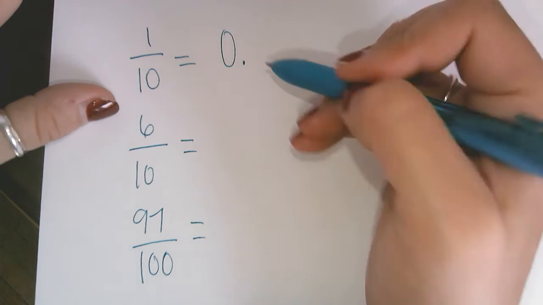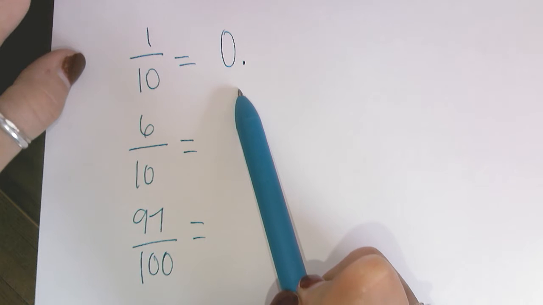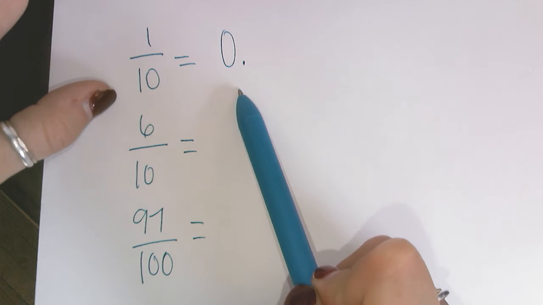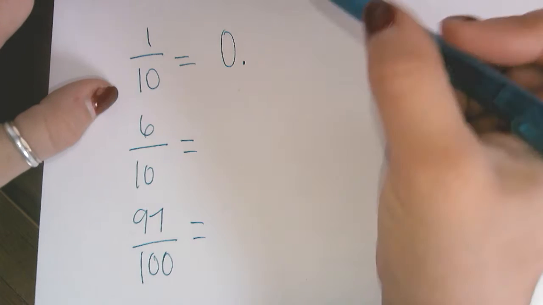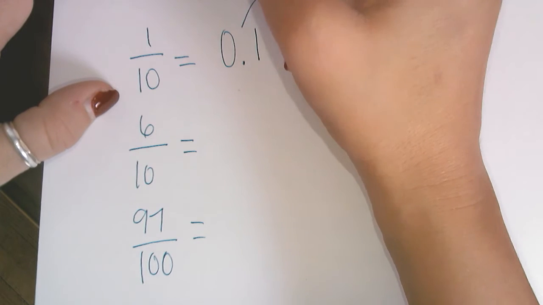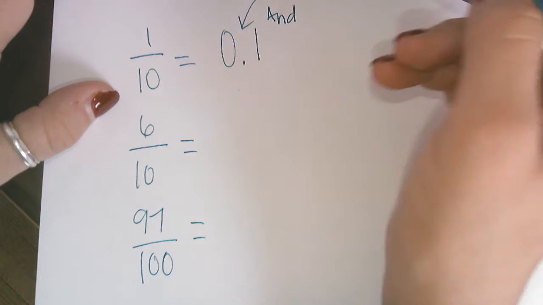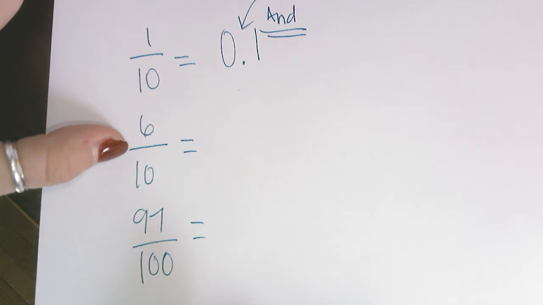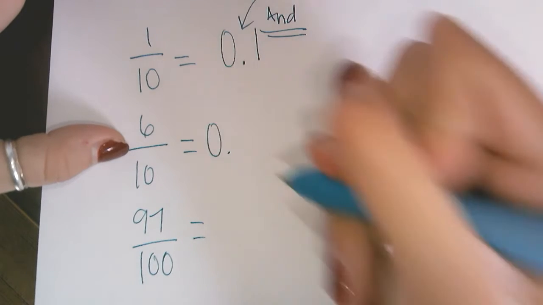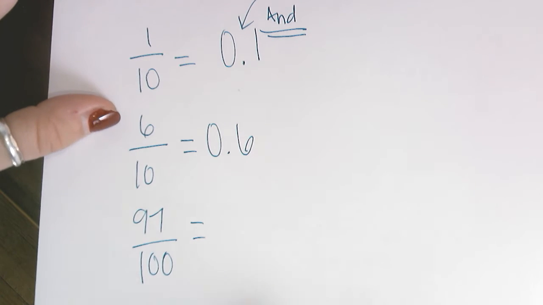This 0 indicates to us, hey, I have a decimal coming up, so I should pay attention. So this is 0 and 1/10. You'll remember the decimal point says "and," okay? And then here, I would write my 0 again and put my decimal point and 6 in my tenths place. So 0 and 6/10.